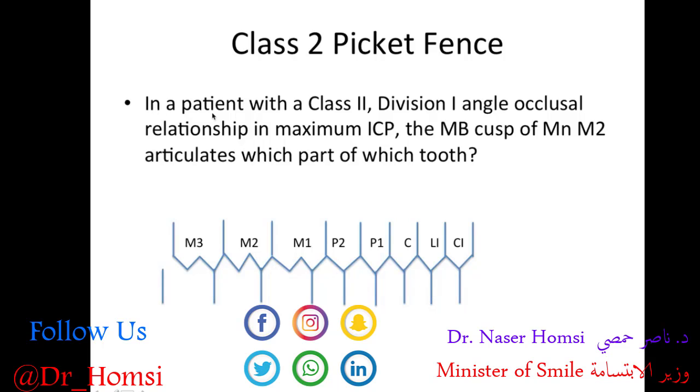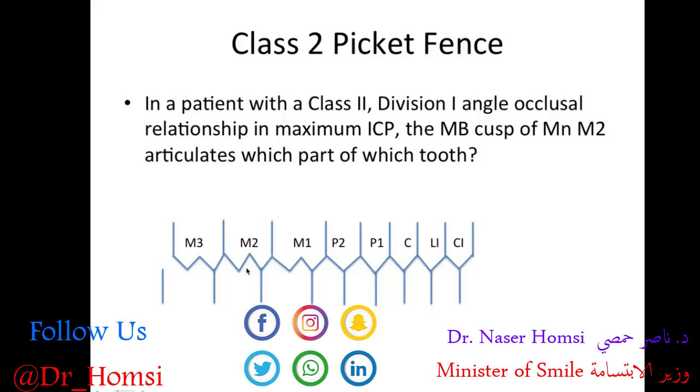So here's a question for you. In a patient with a class 2 division 1 angle occlusal relationship, in maximum intercuspation, the mesial-buccal cusp of the mandibular second molar articulates with which part of which tooth? Okay, so we would find the second molar down here. We'd find the right cusp, which is the mesial-buccal cusp.